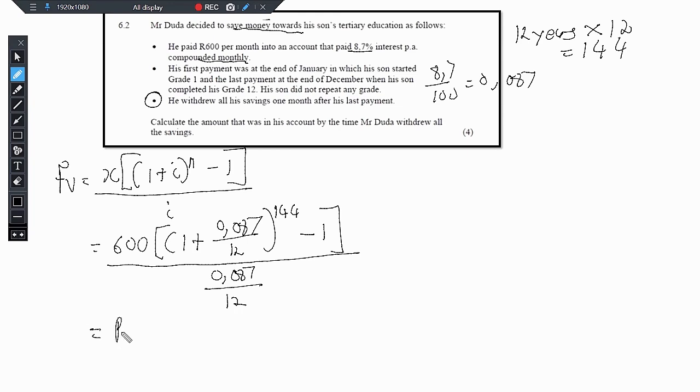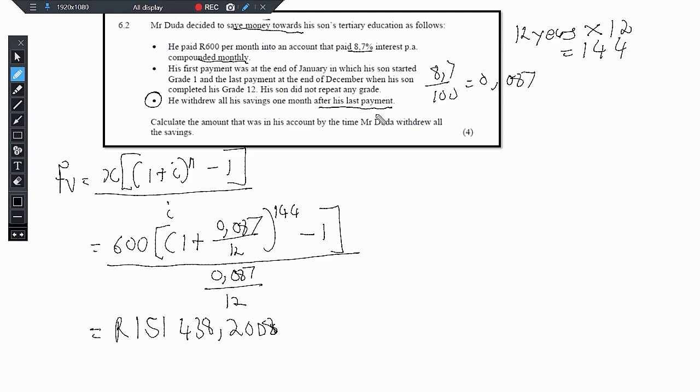And then we have our amount is 151,438.2008. But you will notice that I'm not even rounding it up because that's not the final solution that we have. Remember, they said he withdrew all his savings 1 month after his last payment.